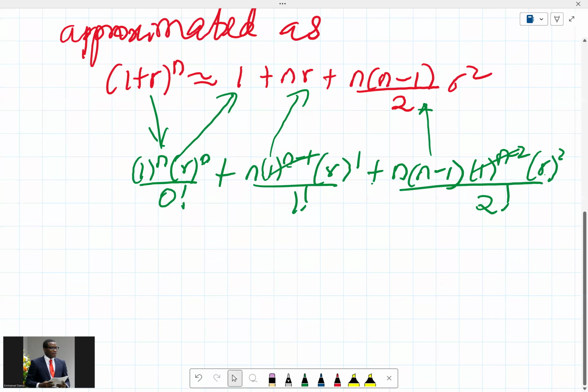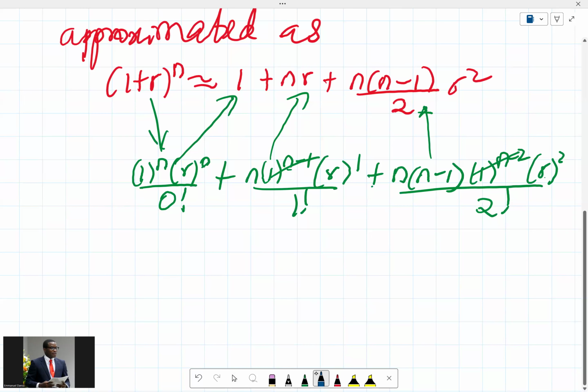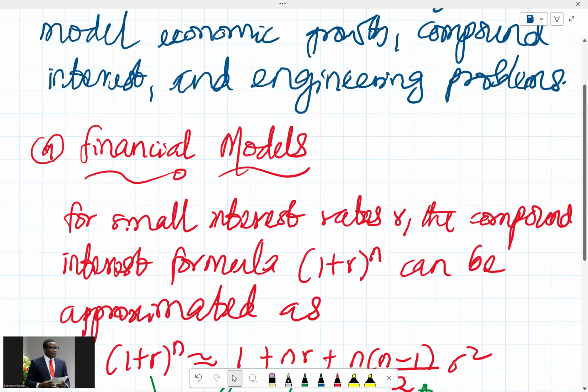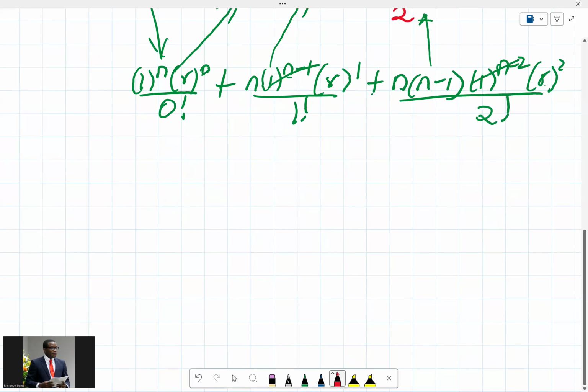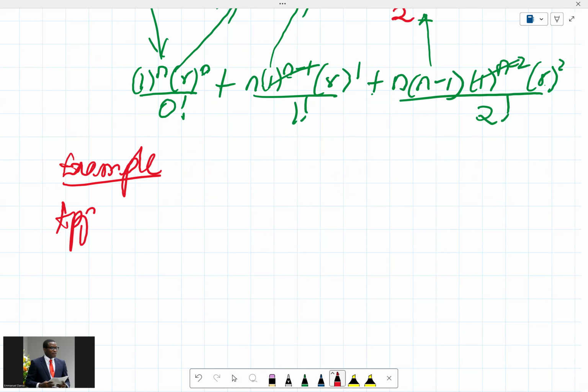So we can now have an example where we approximate. Imagine that the compound interest is 2%. We need to approximate 1 plus 0.02 raised to power 5, so we want to see the compound interest this will give you for 5 years.